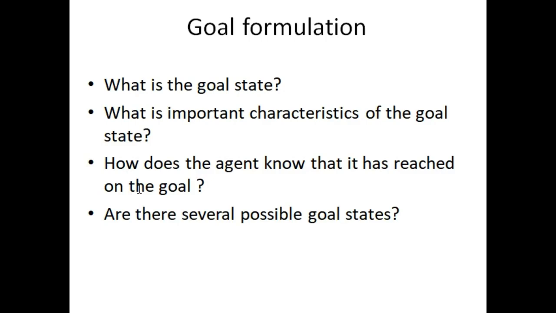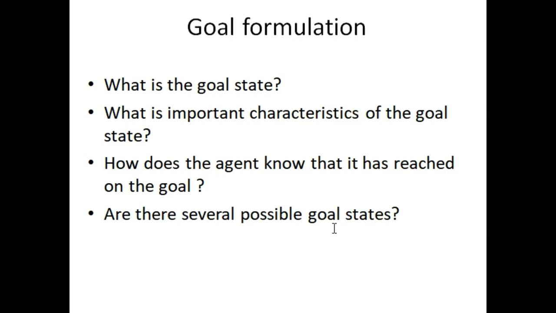This is possible when our agent knows about the characteristics of the goal state. So look at the last question. Are there several possible goal states? Yes, it is also possible.